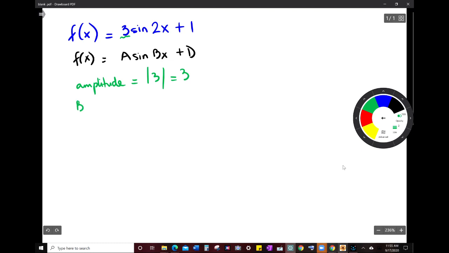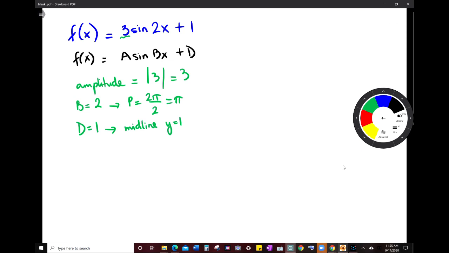My b value is 2, so my period equals 2 pi divided by 2, and it gives me pi. So pi is my period in this problem. And then d equals 1, so that means my midline starts at y equals 1. Okay. So now go ahead and sketch my graph.